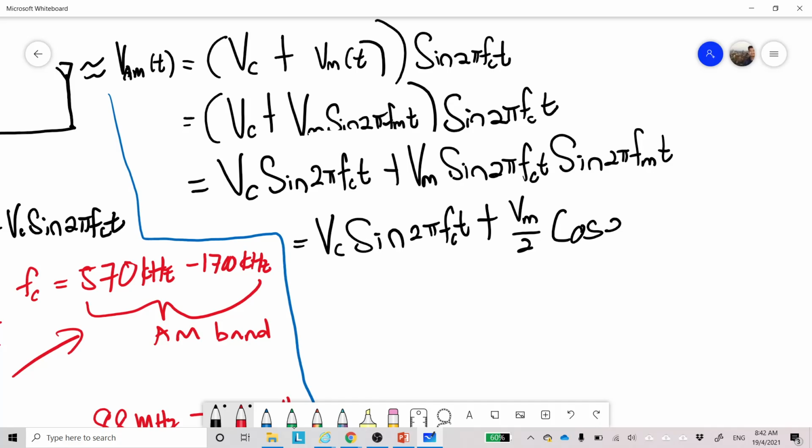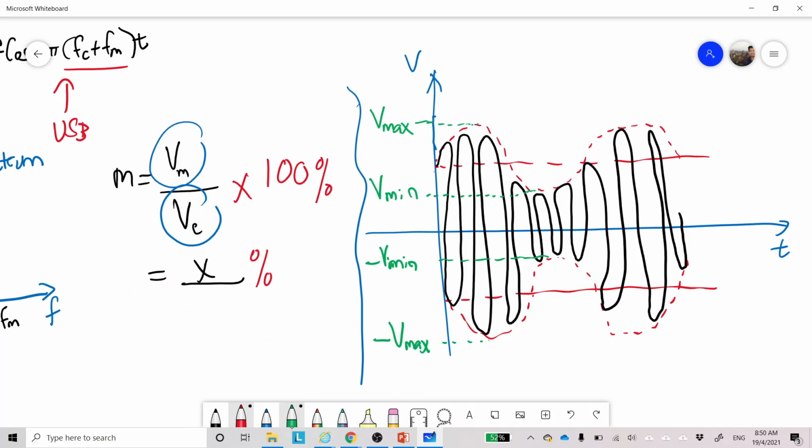When you draw, you need to put the value, don't just leave it like this. So how much is Vmax? Vmax is equal to Vc plus Vm, and Vmin is equal to Vc minus Vm.